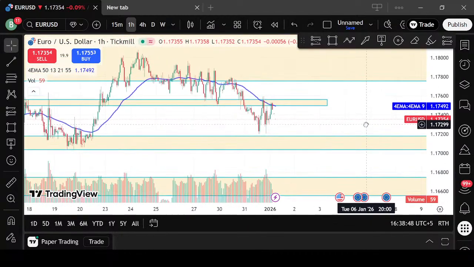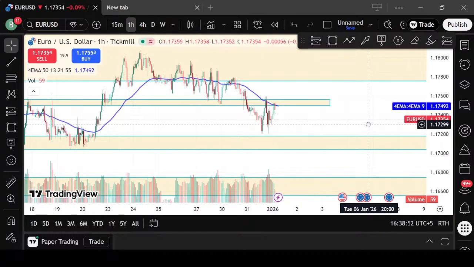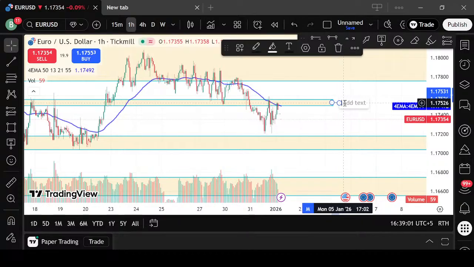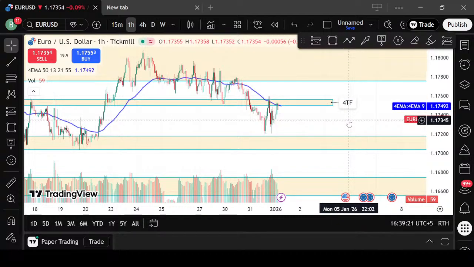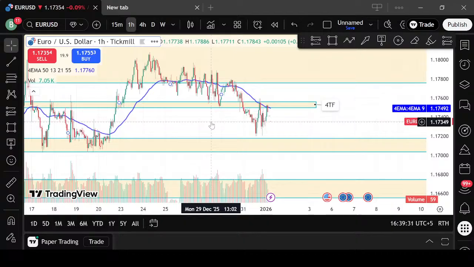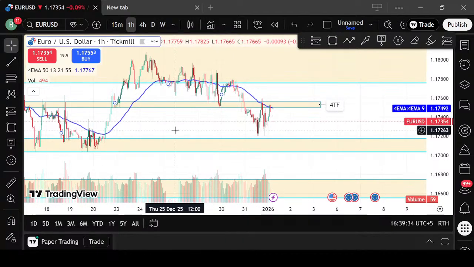Actually, on the 1 hour time frame, this one I called 4 hour time frame, and now on the 1 hour time frame, I don't think there is any type of, it should be one spot.